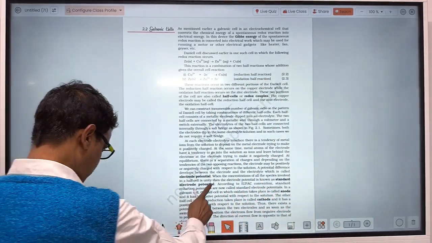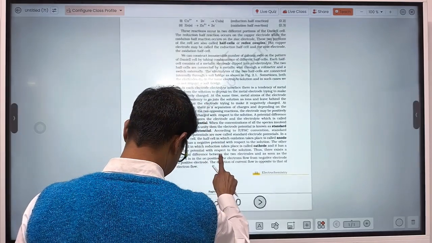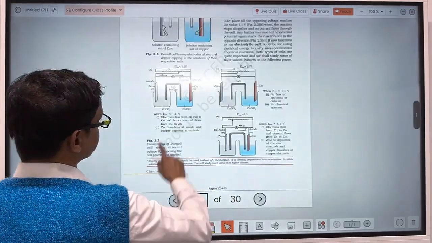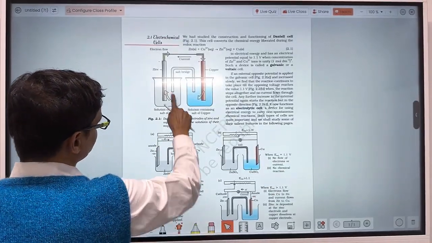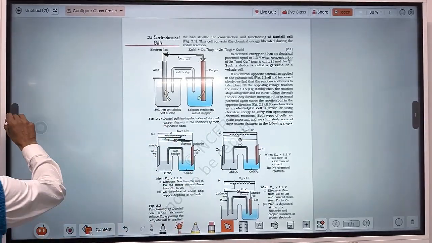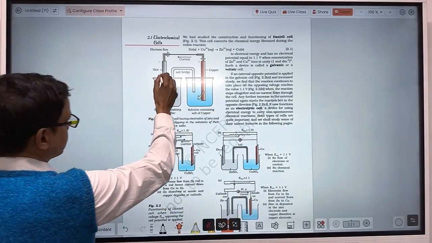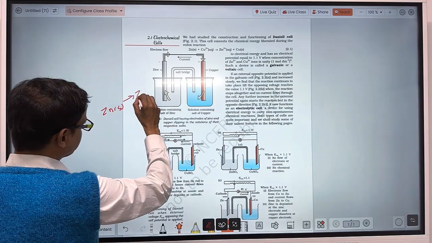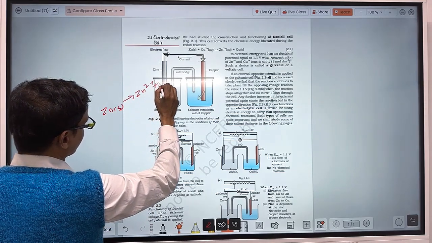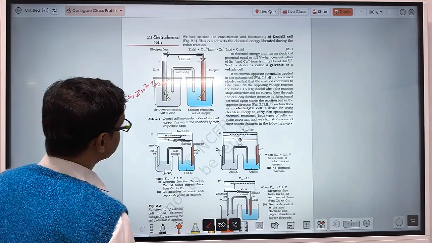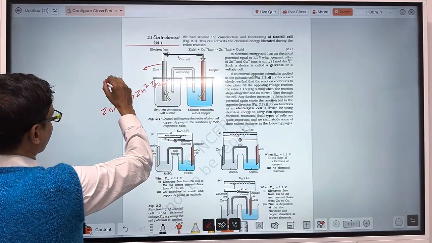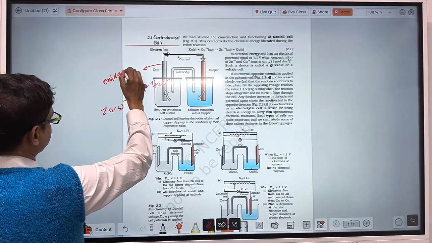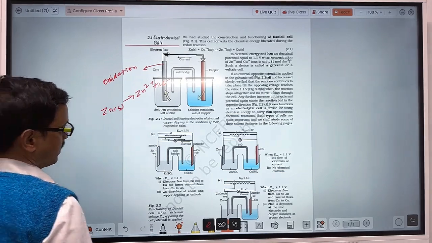Okay. One point also keep in mind here, going back to this diagram. No need to mug up. What is happening here? At the anode, the zinc atom is converting into zinc ion. Loss of electrons is oxidation, so at the anode oxidation takes place.